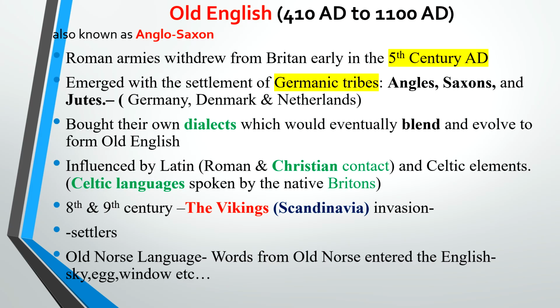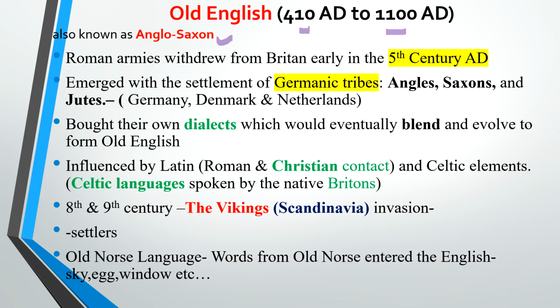This is the first period in the English language. Old English roughly spans from 410 AD to 1100 AD. This Old English period is also called the Anglo-Saxon period.